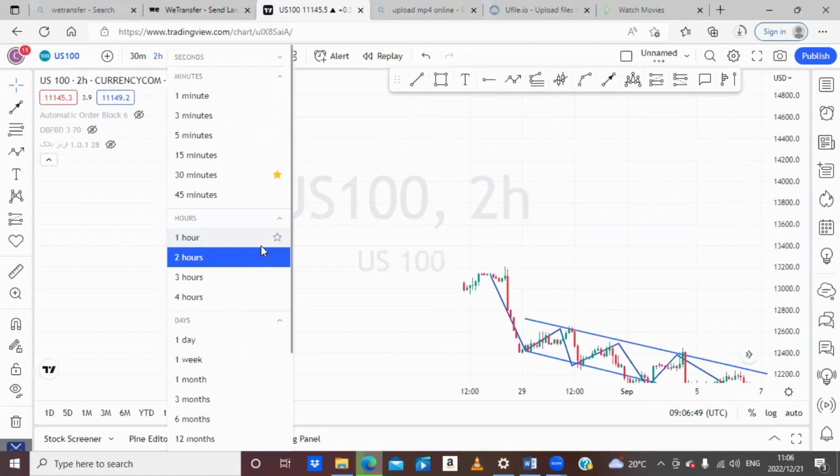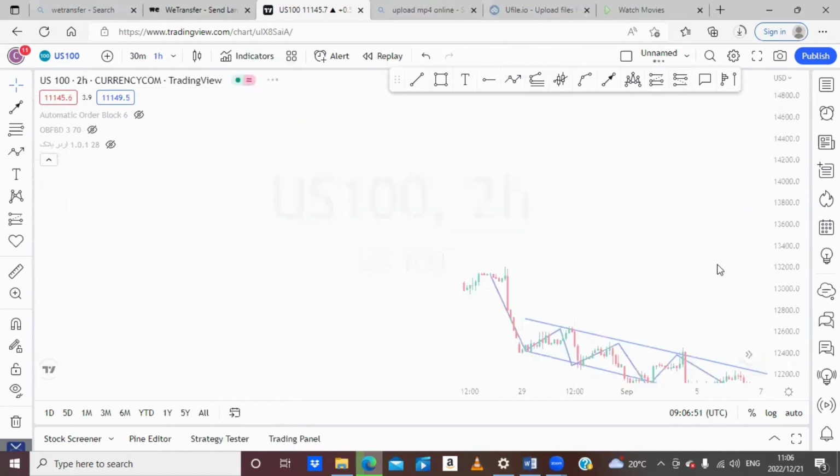It's 2 hours, this one. Let's look at 1 hour. But you will see that it came for a retest, then it pushed back up. Understand? So that's how you can take the trade.